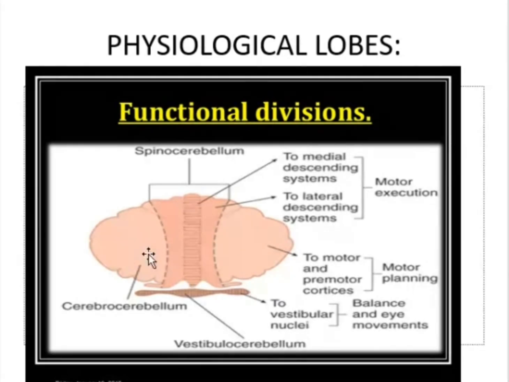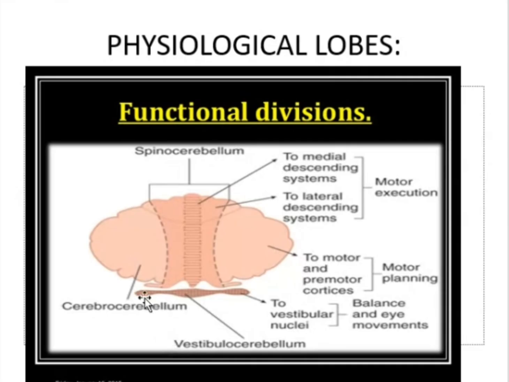They connect with the motor areas of the cerebral cortex through the thalamus to inform the motor cortex of the adjustments that it should make before executing a movement. So this is what we call the cortical or cerebrocerebellum.